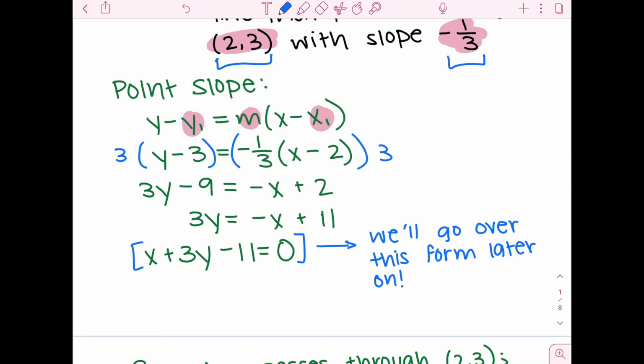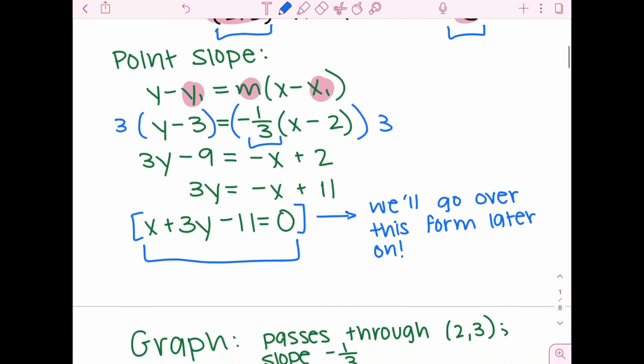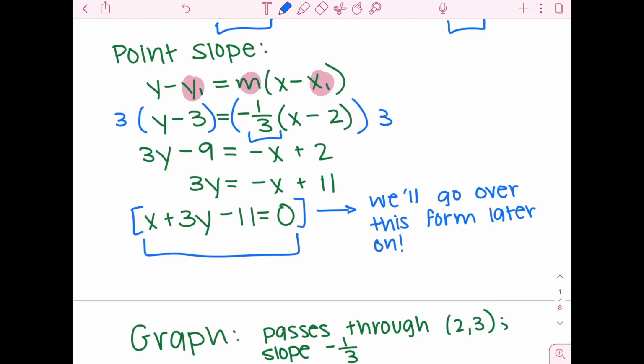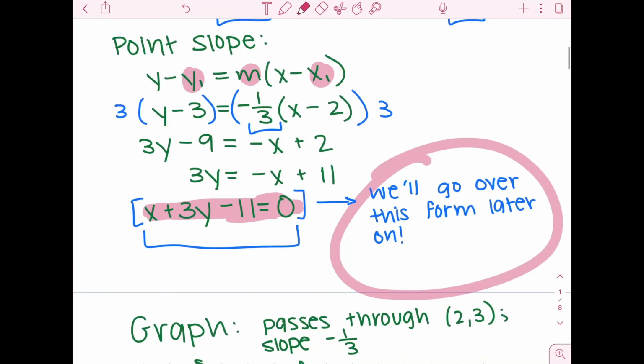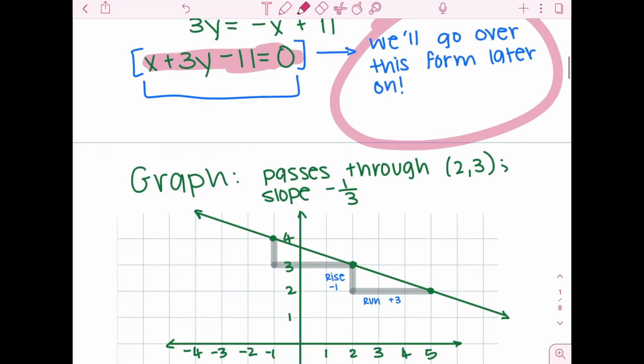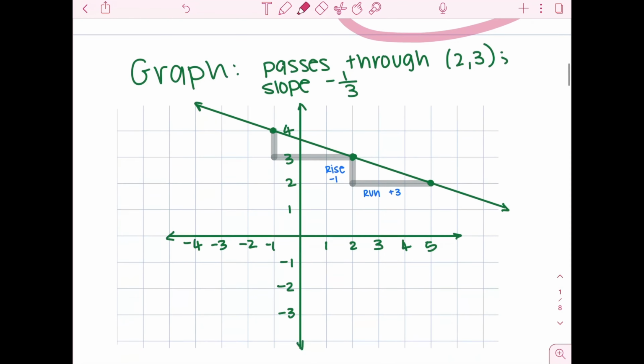And then we're going to simplify by getting rid of the negative 1/3 over here so that we can get our simplified version down here. And just for reference, the form that this equation is in right now is called general form, which we will go over later on.